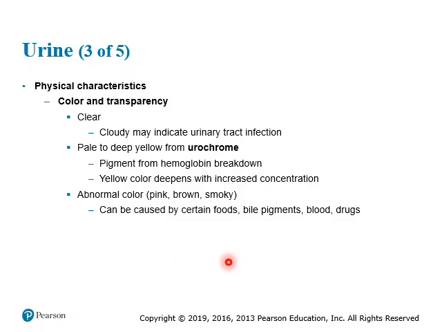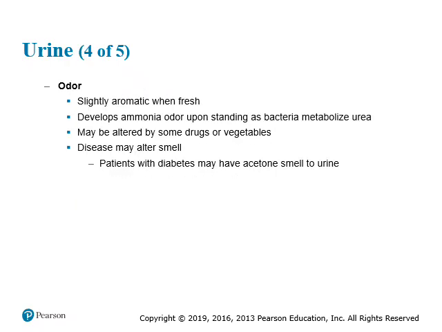It is pale to deep yellow from urochrome, a pigment from hemoglobin breakdown. The yellow color deepens with increased concentration. Abnormal colors such as pink, brown, or smoky can be caused by certain foods, bile pigments, blood, and drugs.